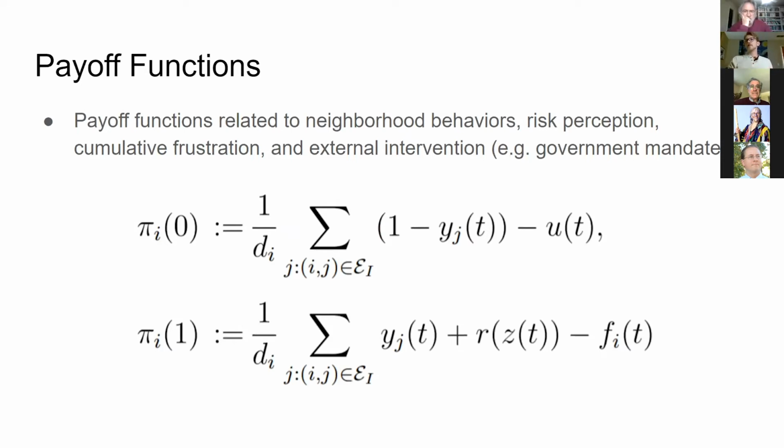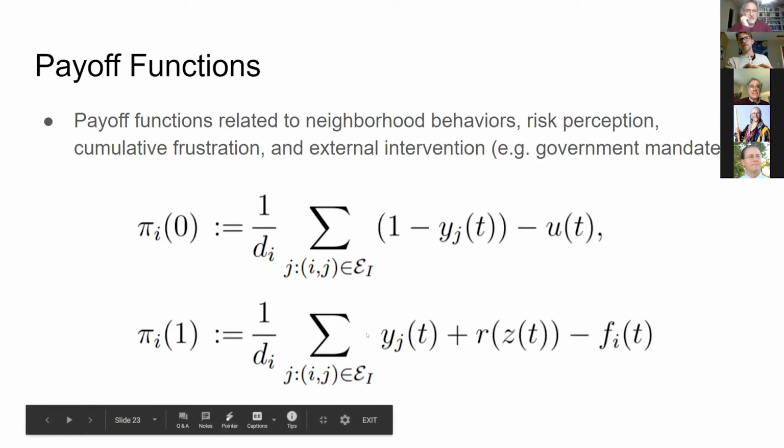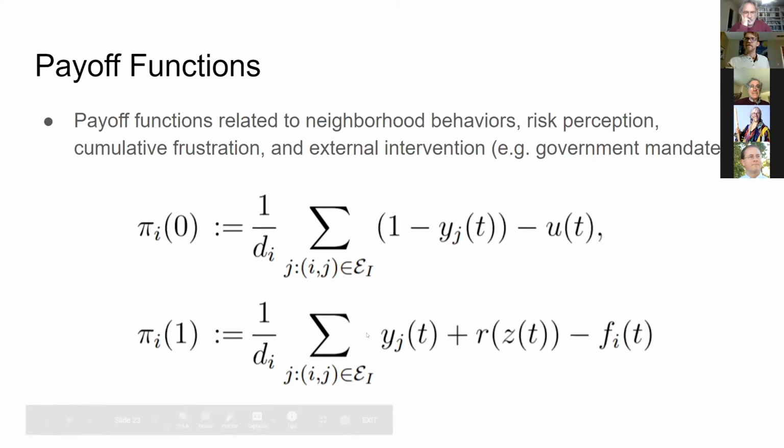And finally, external interventions. It's fairly simplistic the way that we have it set up here, but it's just a numerical value that represents things like government mandates or costs to non-compliance. So these are our payoff functions here, but I want to go through each of these pieces to describe how they are calculated and how they function.